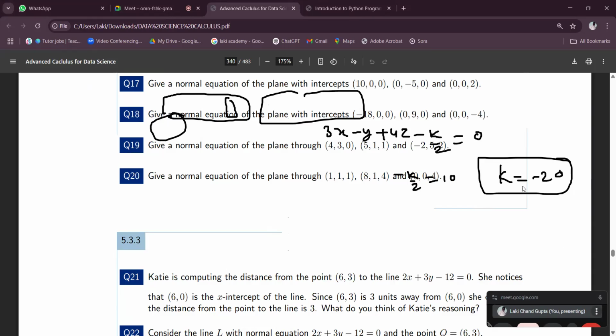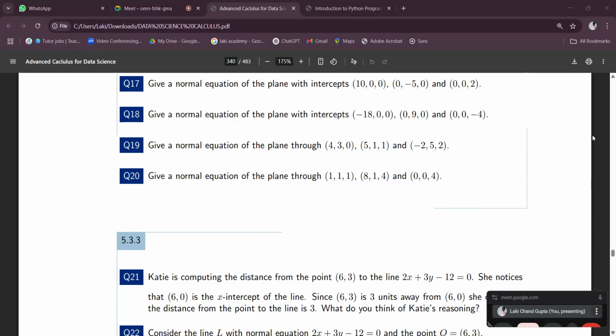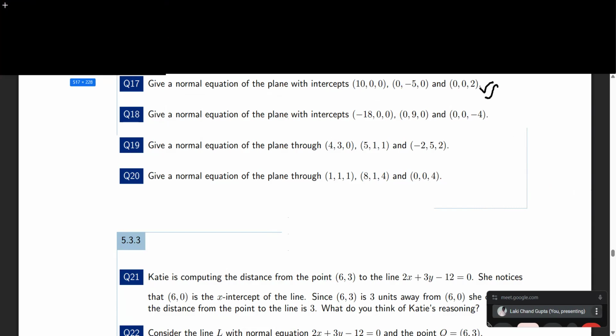See this equation. This type of equation we have already solved, right? Yes. We will get D. Are you revising everything at home?